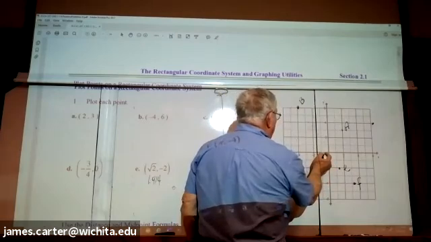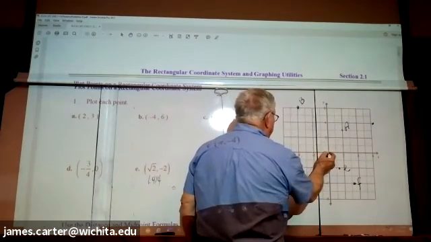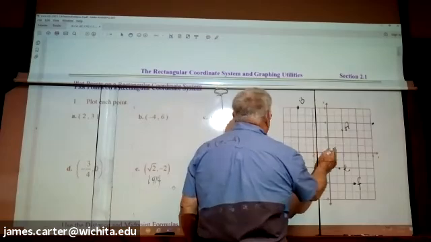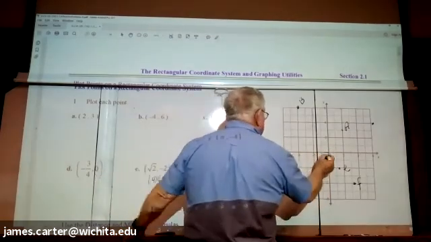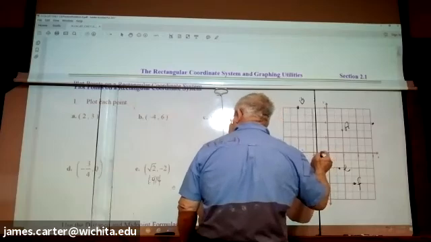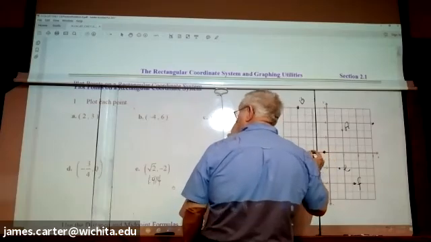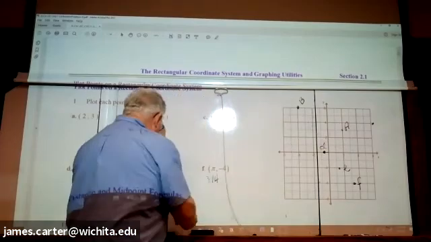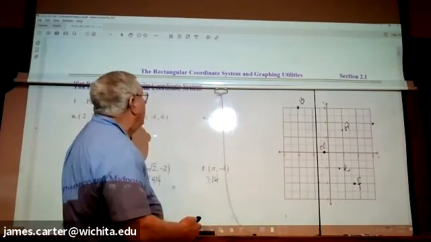Well, here's 1, and 3/4 is 3/4 of the way between it. So 3/4 and 0, so right there would be that point, which is D. So very simple to graph.